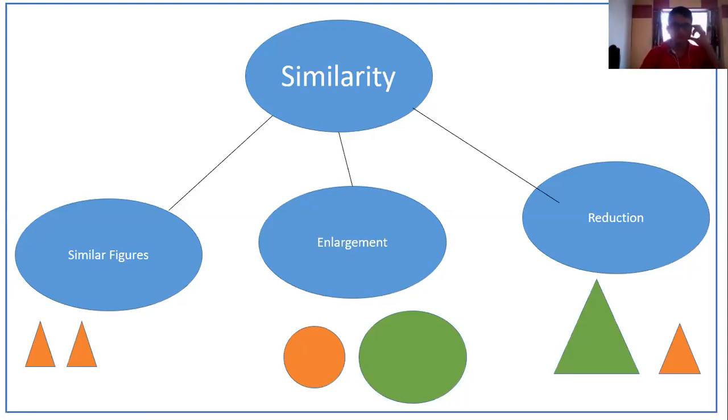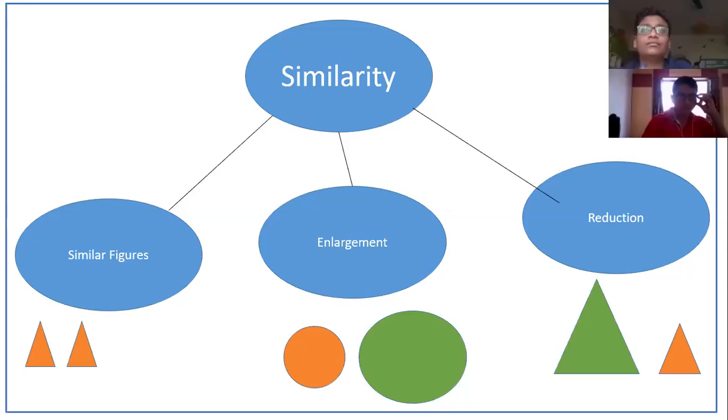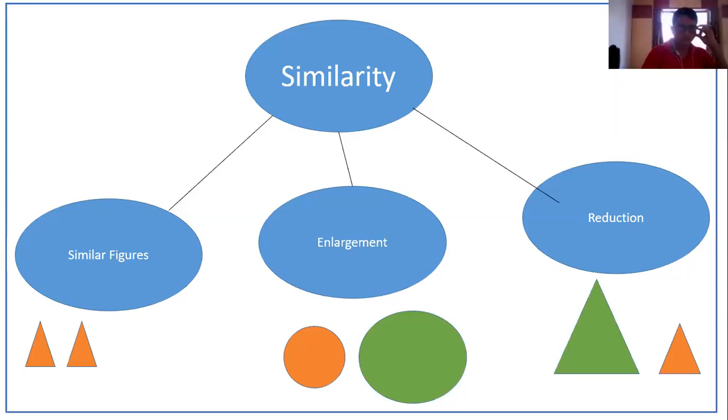So suppose Vishwam has made a square of 2 centimeter and I have made a square of 4 centimeter, right? So what is the ratio in the sides? 1:2. Yes, ma'am. So that's known as scale factor. Both the figures are similar, but the only difference is the size.